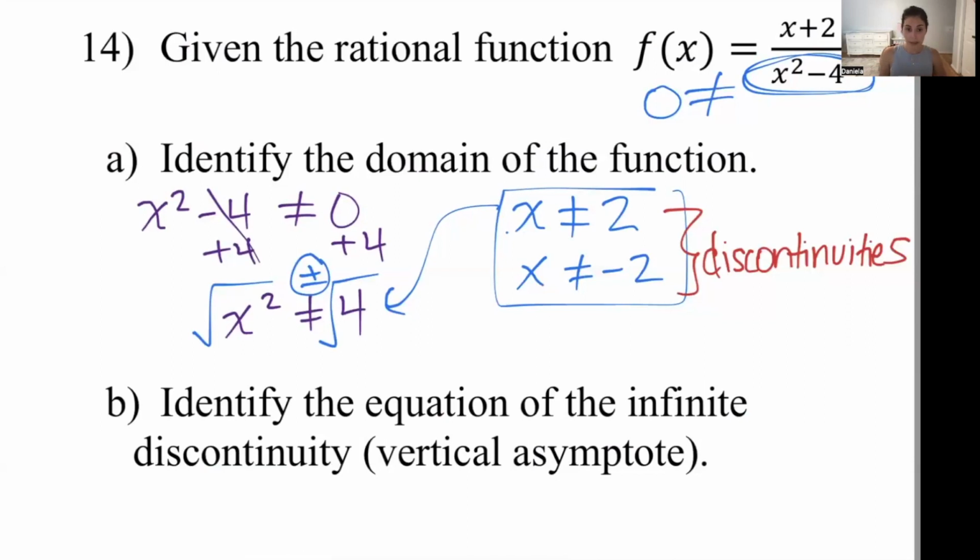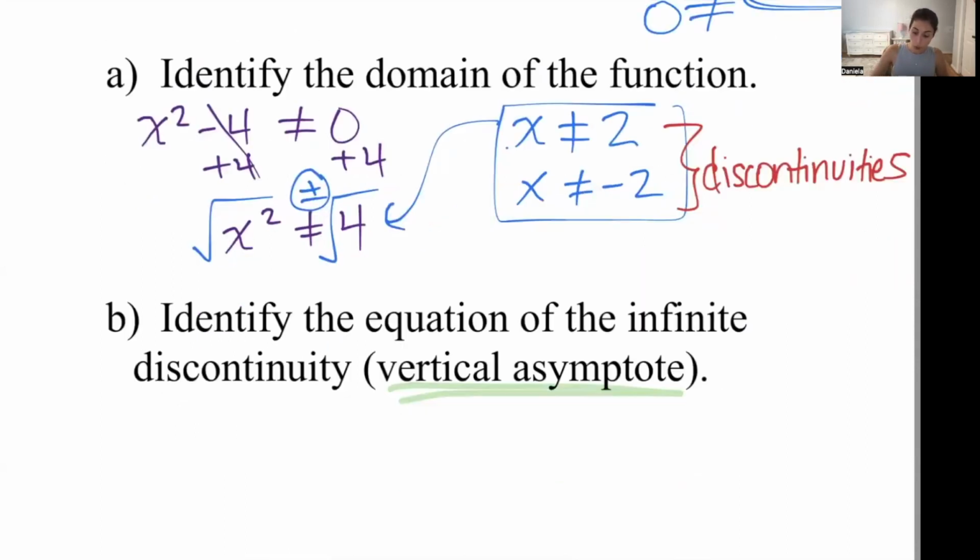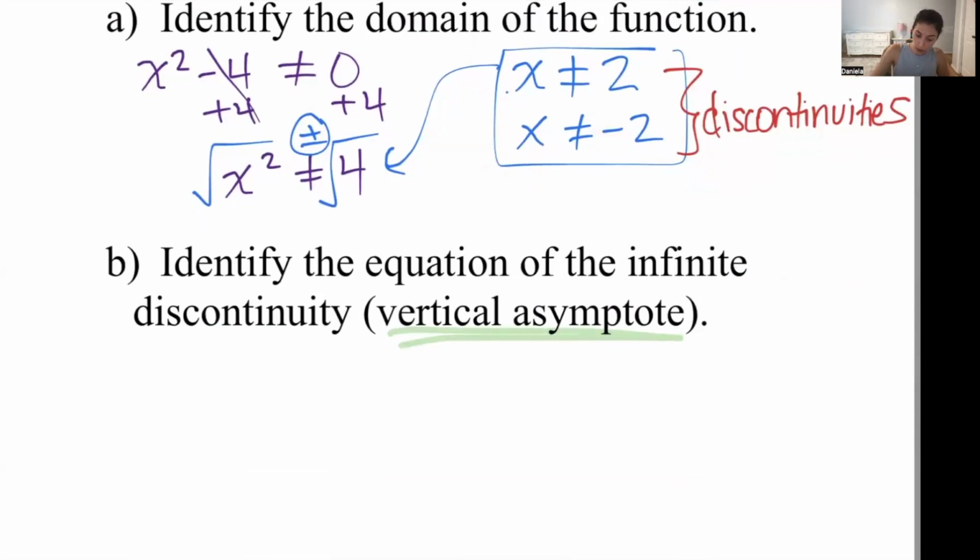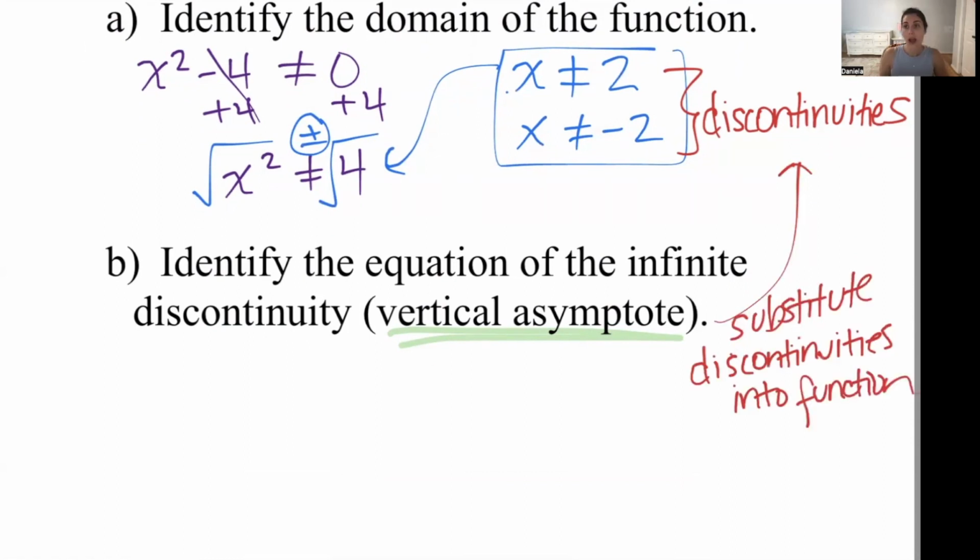Now, when you are asked to find, are there any vertical asymptotes, AKA infinite discontinuities, what you do is substitute the discontinuities into the function. And the rule of thumb is two things.